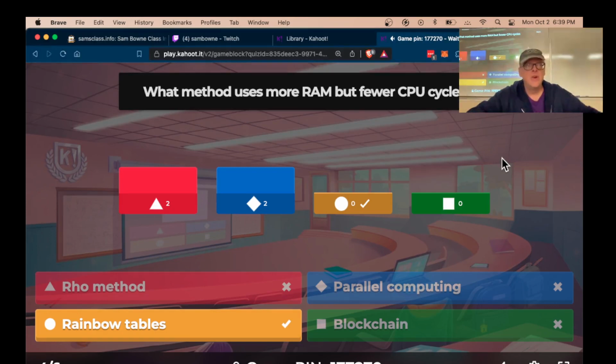Rainbow tables are where you pre-calculate something and put a big table in RAM so you use less CPU. You look things up. It's used for a lot of things. It's used to crack Windows hashes. It's used to calculate AES. We talked about it a couple chapters ago. So that's what rainbow tables do. More RAM, but saves CPU.